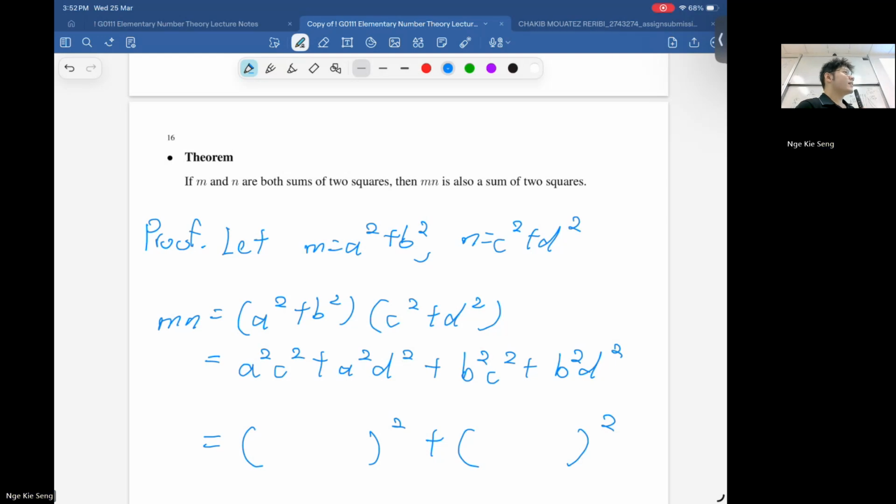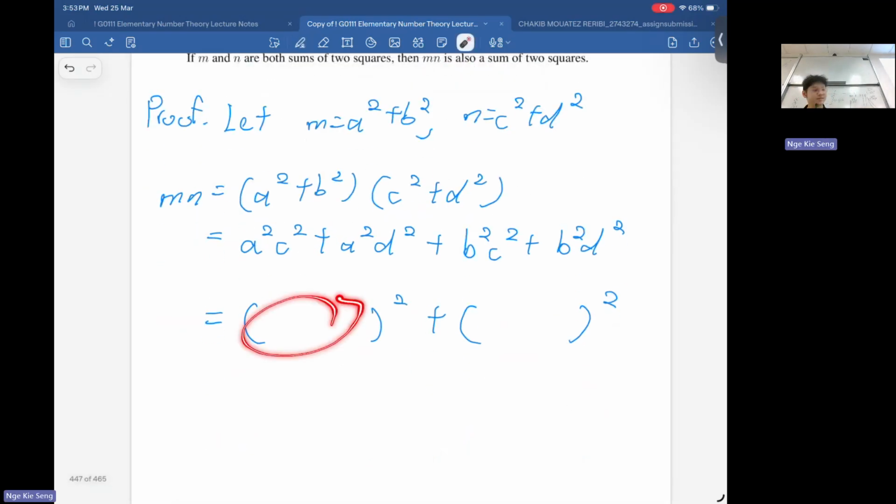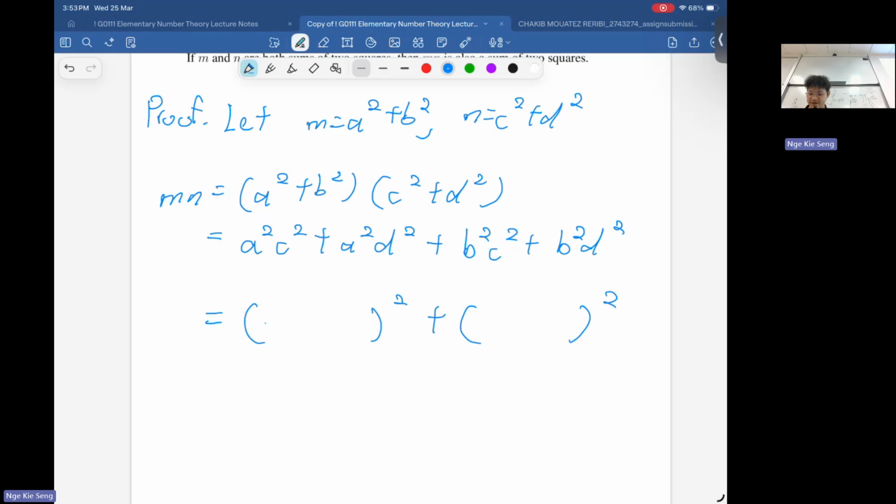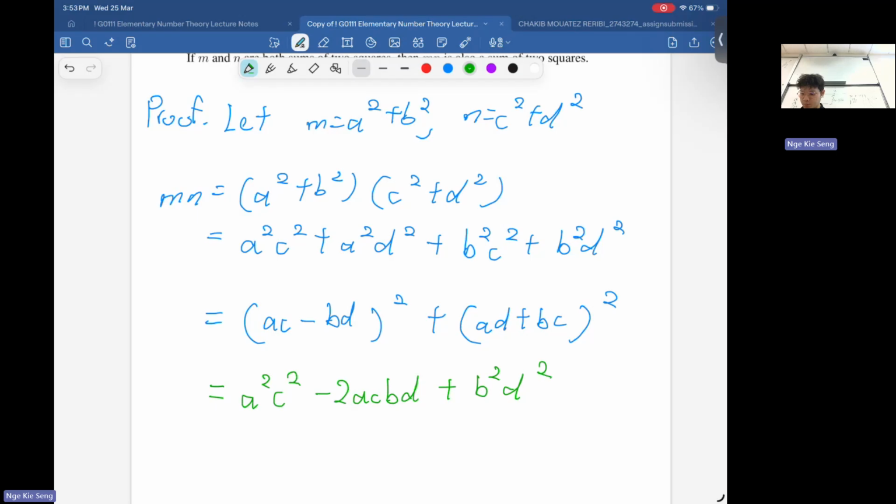So what do you put here? AC, BD, AD plus BC. Does this work? Let's try. So A square C square, and then minus 2ACBD plus B square D square.